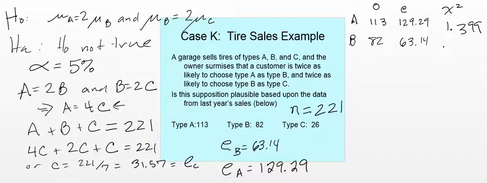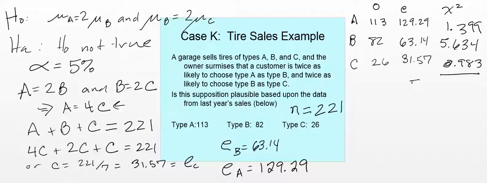So 82 minus 63.14 squared, then divide by 63.14, and I got 5.634. And for category C, I had an observed number of 26, an expected number of 31.57, and a chi-squared of 0.983.